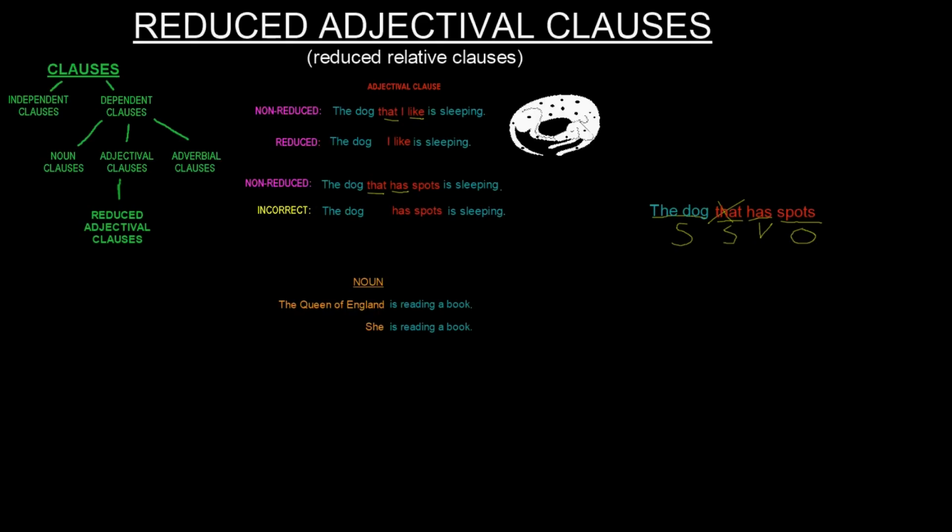And we can do the same thing with the sentence above. So let's take this adjectival clause as an example, and we can do the same thing here. We can take like, and we'll say that's the verb. In this case, we can see right away that I is the subject, but what then would that be? If we remember that that represents the dog, that might help us to sort of visualize or conceptualize this a little bit better.